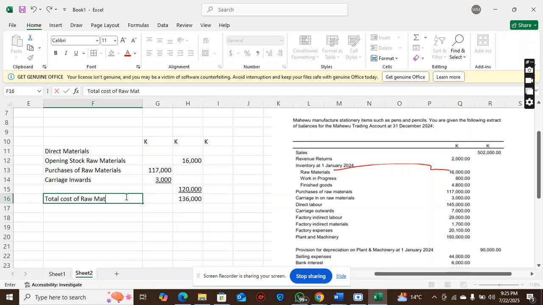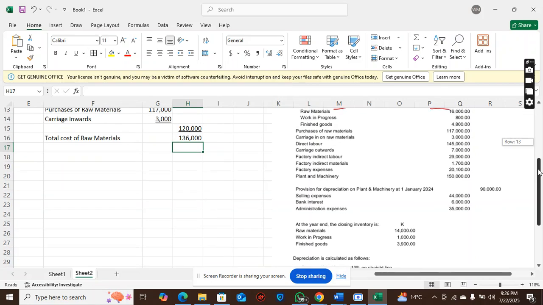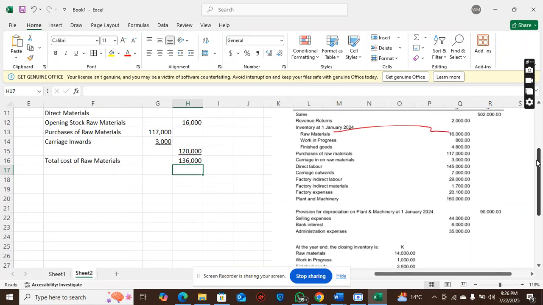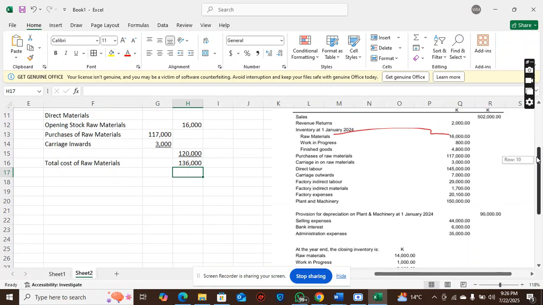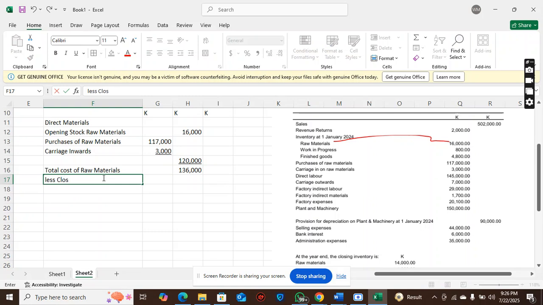So what is the next item we're trying to find now? What are we trying to find by subtracting the closing stock of the raw materials?